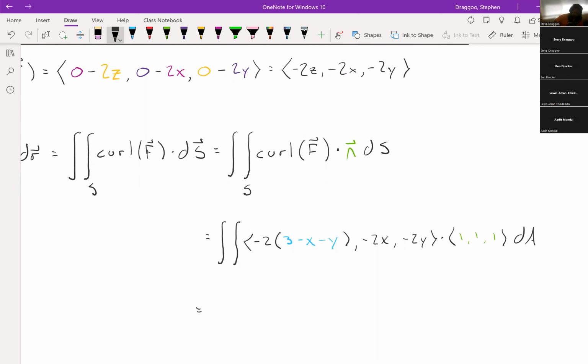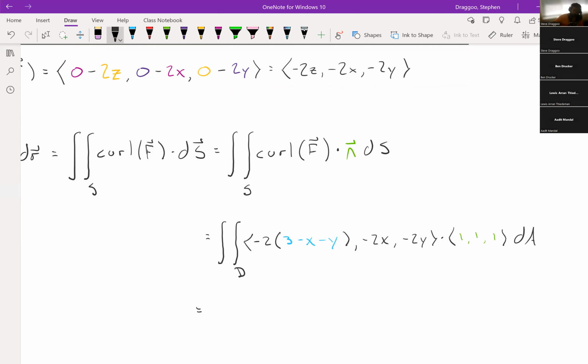So I need to claim what this thing is integrating over. We've now done a parameterization here without really mentioning it. So this is a two-dimensional region D instead of a surface. I'm going to call it D there. But really D is basically S. It's just in 2 space now instead of 3 space. It's going to be the projection down in the XY plane.